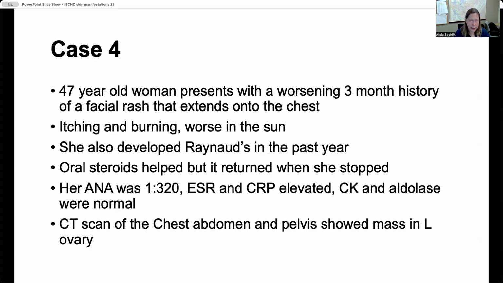She does have a positive ANA at 1 to 320. Her sed rate and CRP are elevated, and CK and aldolase, which are both muscle tests, were normal. And she had a CT scan of the chest, abdomen, pelvis, and it showed a left ovarian mass.